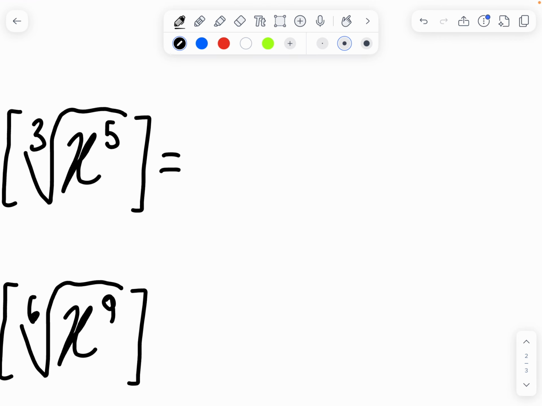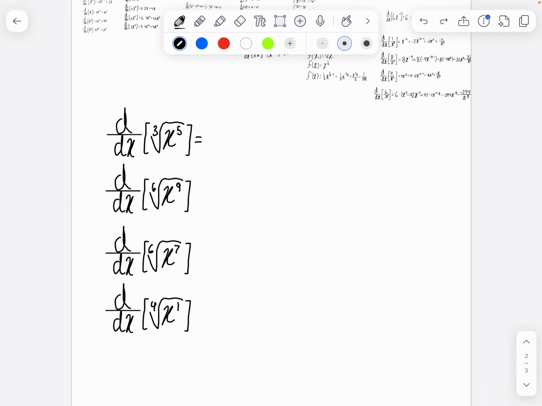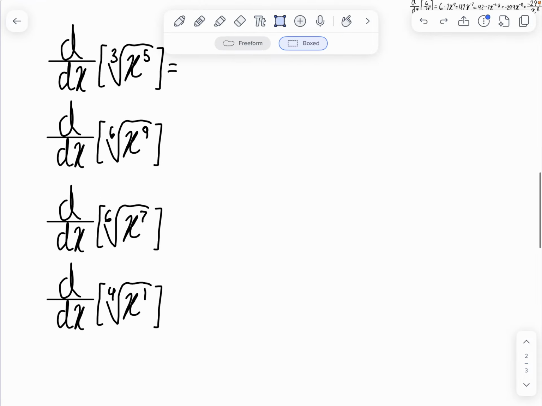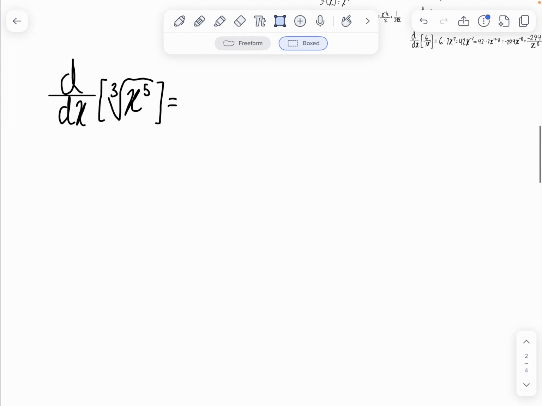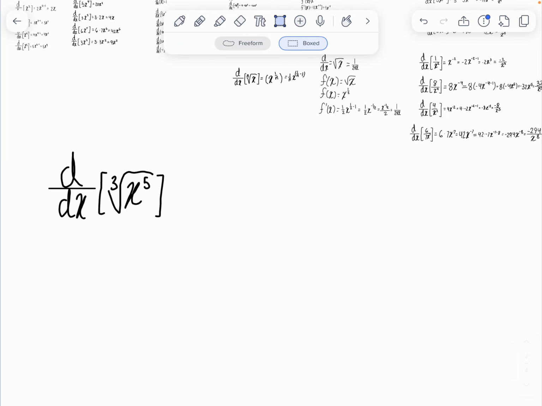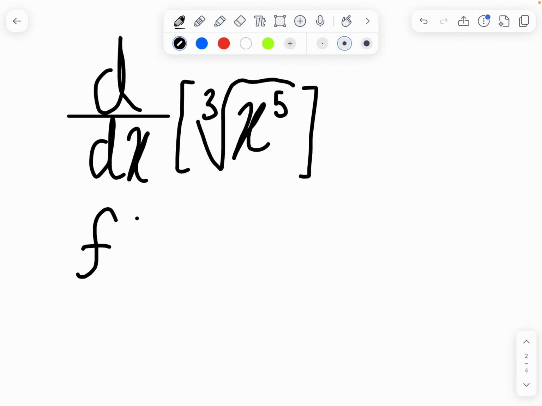Okay, so this becomes x to the power of 5 over 3. Actually, so f of x, this turns to x to the power of 5 over 3.